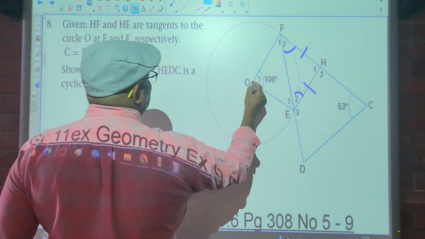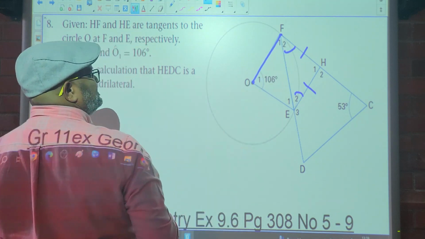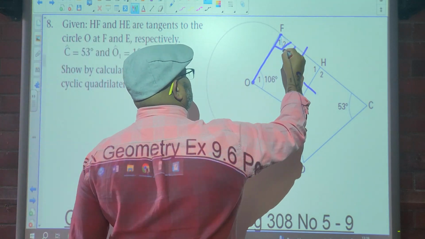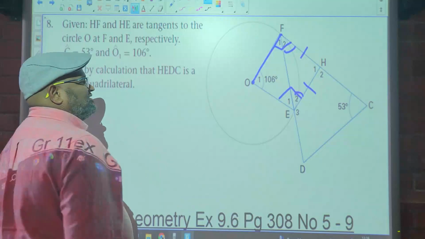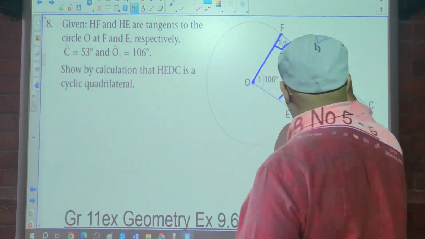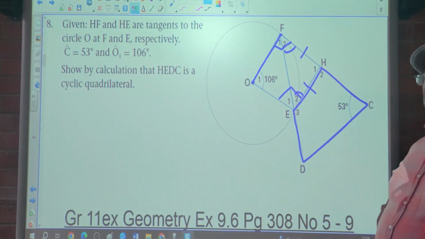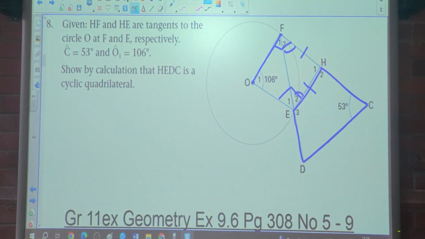People, if this is the center and that's a point, what is this? Radius. And the radius is perpendicular to tangent. Can you see that, people? Show by calculation that HEDC is a cyclic quadrilateral. How do we prove cyclic quadrilaterals? 1 of 3.